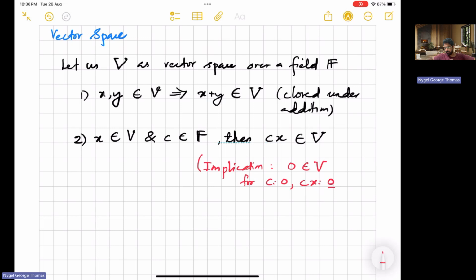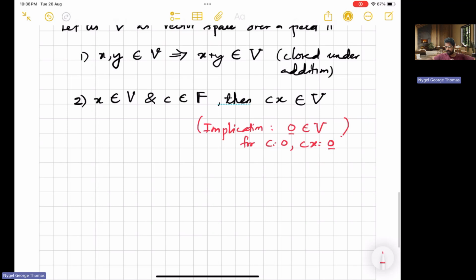This 0 is a vector, c is a scalar and x is a vector.